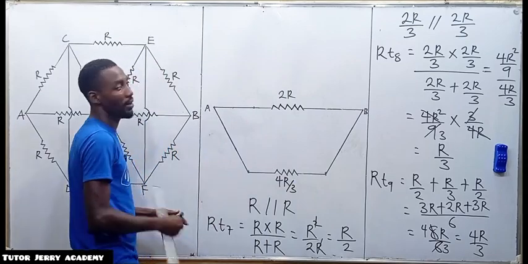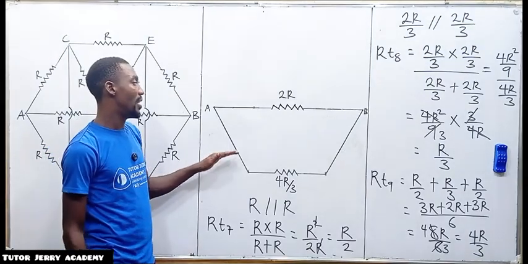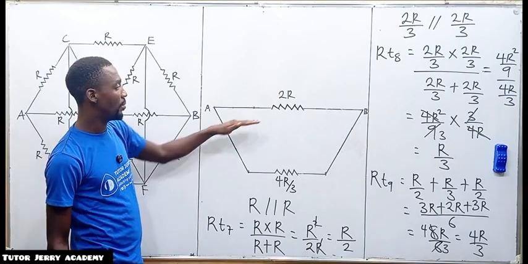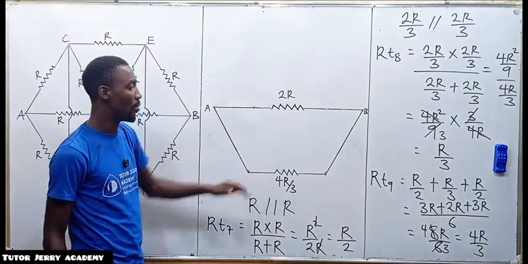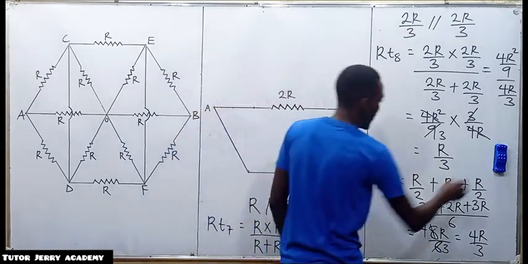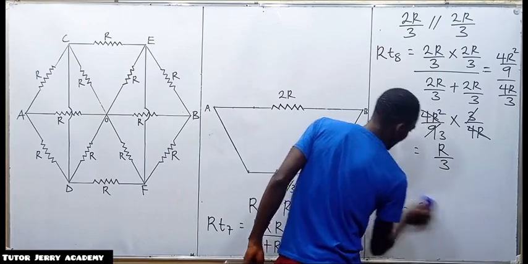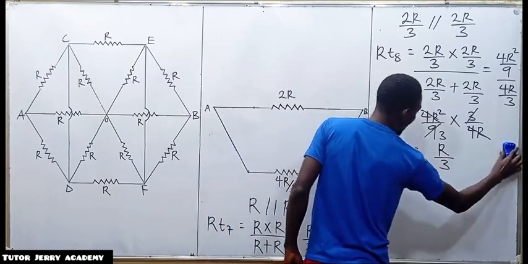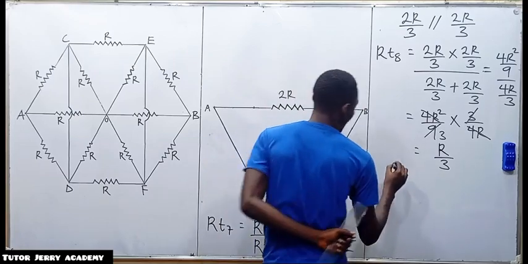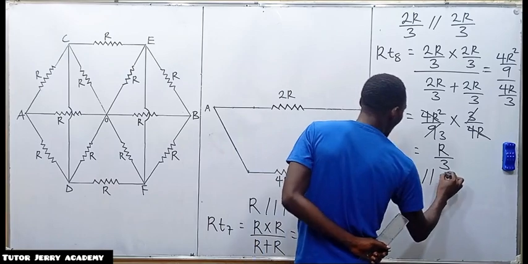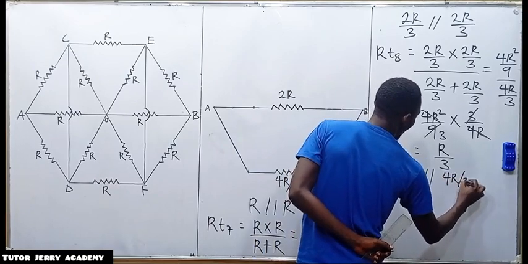All right, so now you are going to see clearly that we can find our equivalent resistance. Because 2r is parallel to 4r over 3, see that 2r is parallel to 4r over 3.